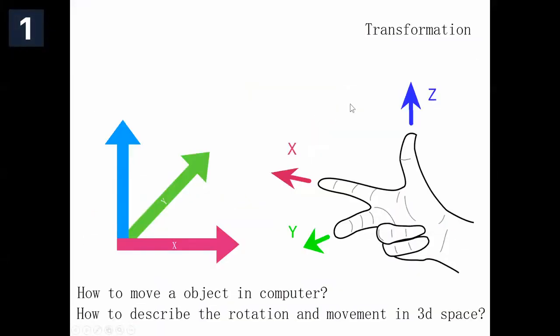Let's talk about another topic: transformation. This is the most important concept in robotics. I'm sure this is the most important thing. How do we move an object in a computer, and how do we describe rotation and movement in 3D space?